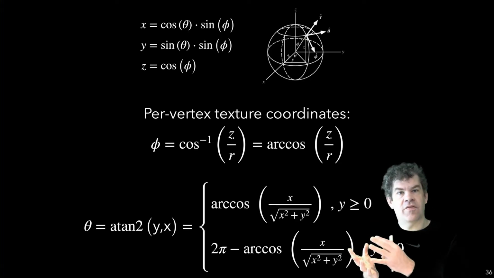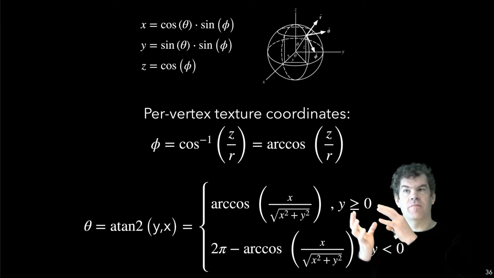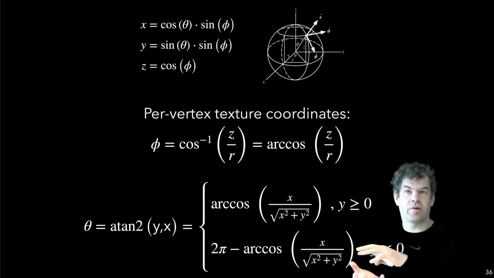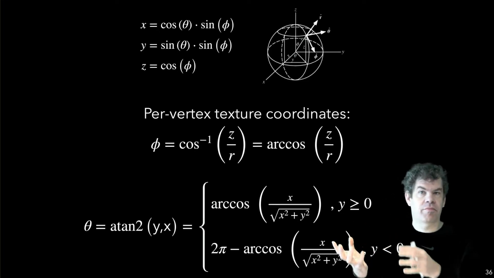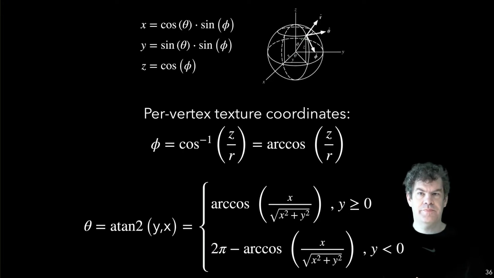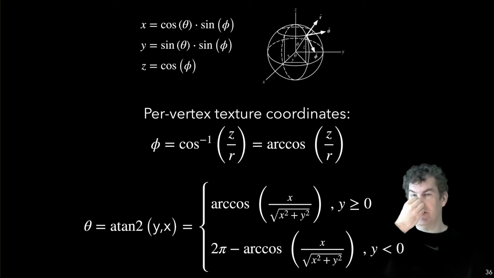Now, what does that have to do with my initial idea of taking the thing in question? I mean, we don't always want to use cans or spheres, right? We want to have, I don't know, arbitrary other objects, bunnies, horses, humans, whatever that we want to texture. As I said before, you generally use a proxy, and this proxy could be a cylinder or a sphere or a box.